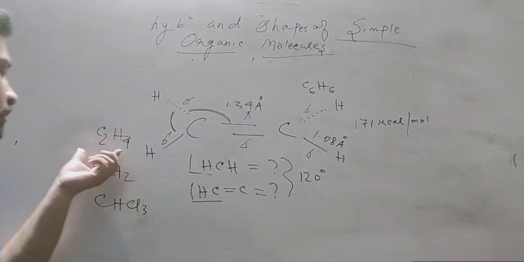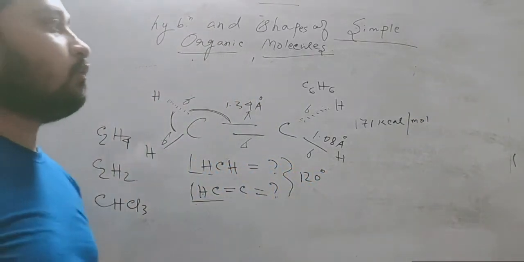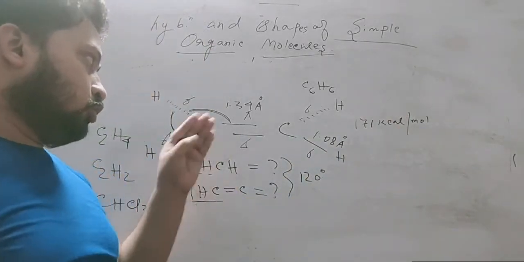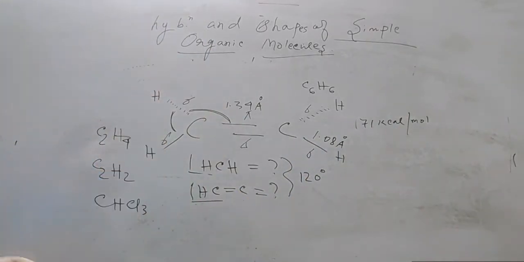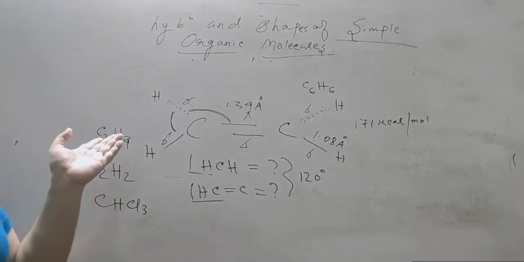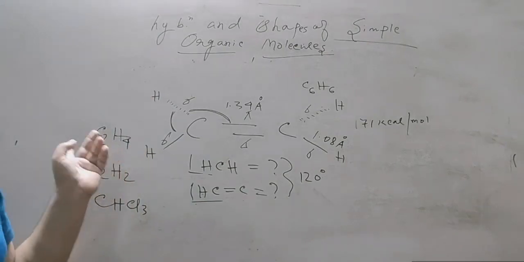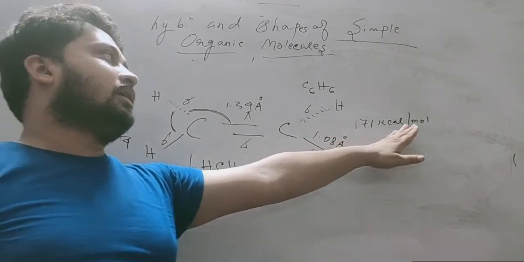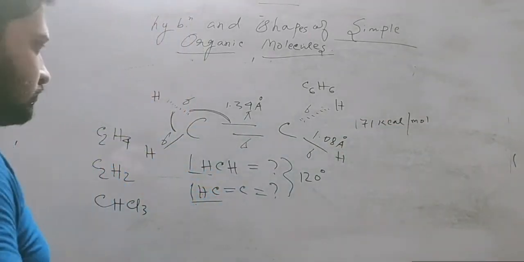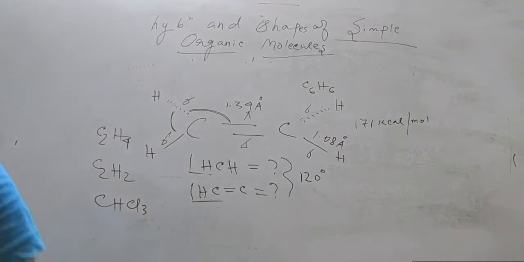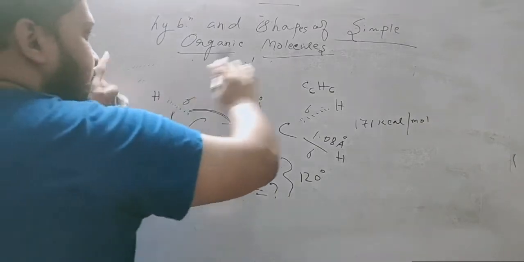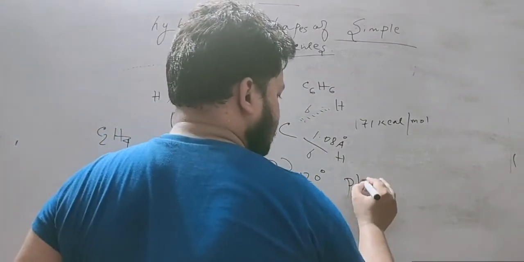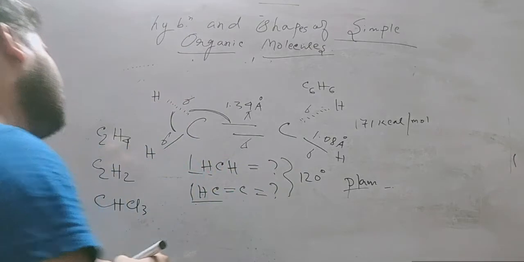Sorry, if you have 1 mole ethene, not acetylene, you require 171 kilocalorie energy. And the structure is planar.